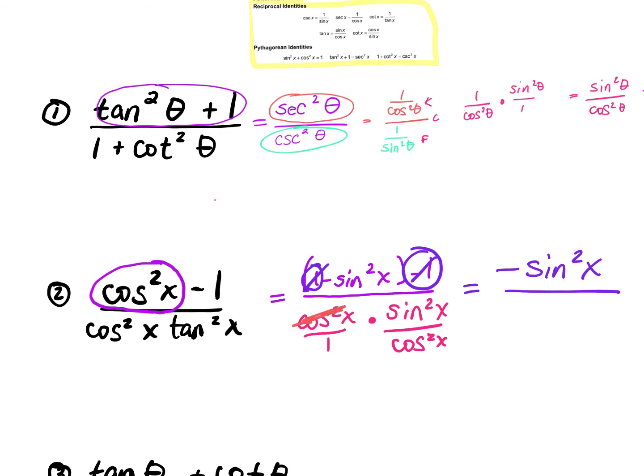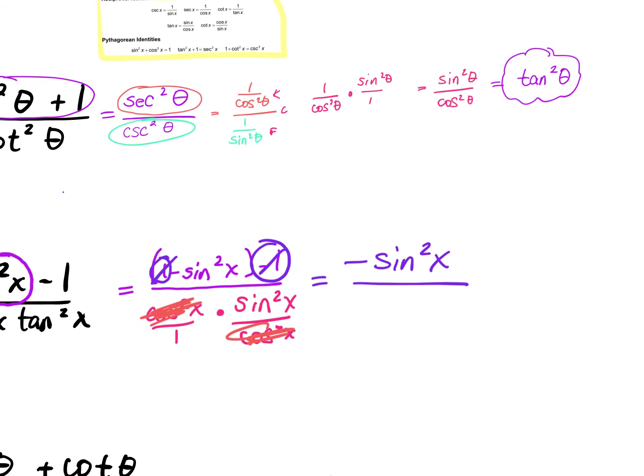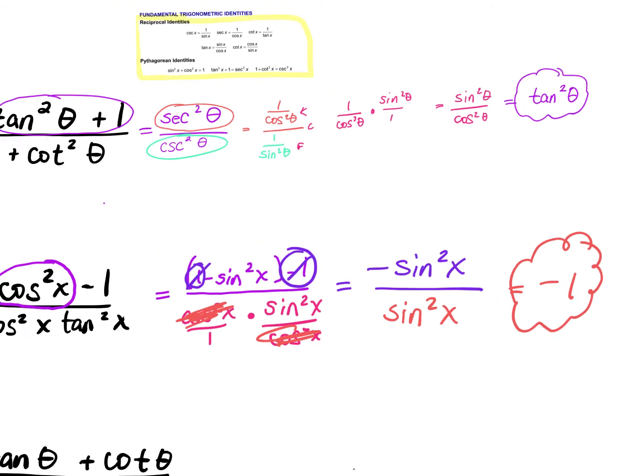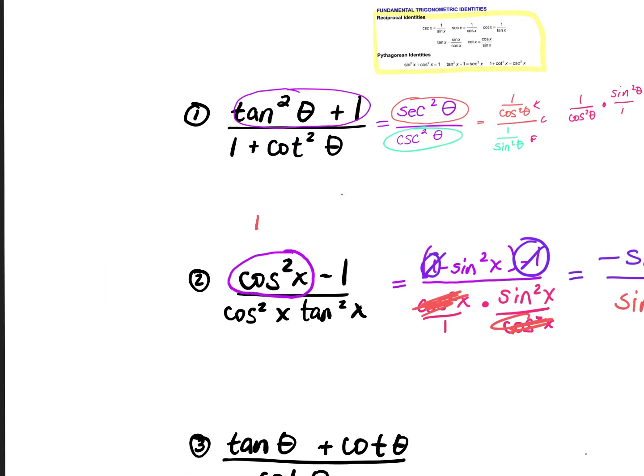They cancel out, right? This one on top, this one on the bottom. So I'm left with sine squared on the bottom. Well, what's negative sine squared x divided by positive sine squared x? Negative 1. Don't make that silly mistake that I did. 1 minus cosine squared x is different from that. Right? So I made that mistake, just not paying attention.